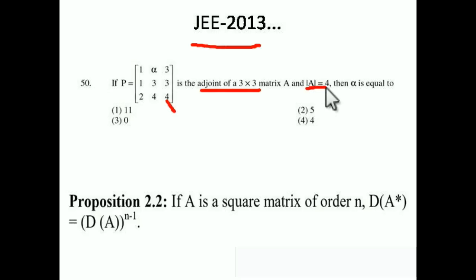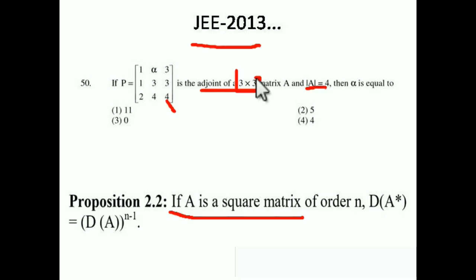Now always remember one thing, that whenever we have two things like adjoint of A and mode A, then we have one formula with us, and that formula is written below. This is the formula. If A is a square matrix, compulsorily, this formula is applicable whenever it is a square matrix.